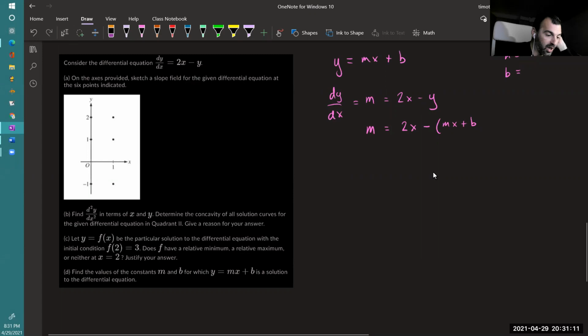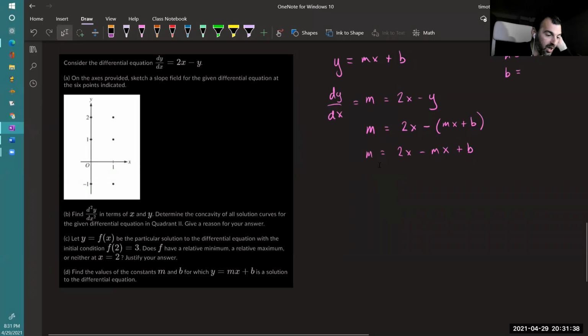There it is. With the parenthesis, I'm going to distribute my negative sign and get m equals 2x minus mx minus b. And now you're thinking, oh man, I got a lot of stuff going on here.